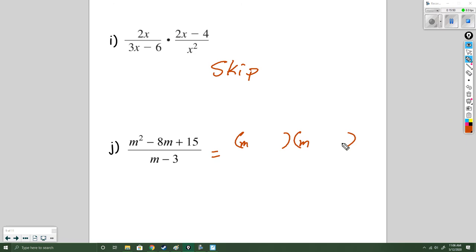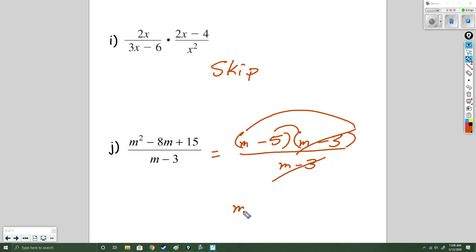The last two terms in each one of these factors have to multiply to be 15, but also the outer and inner parts of FOIL have to add up to be negative 8m. The only way that's going to happen is if one of them is negative 5, the other is negative 3. And then by factoring, that reveals a common factor, and we can simplify, and this is just m minus 5.